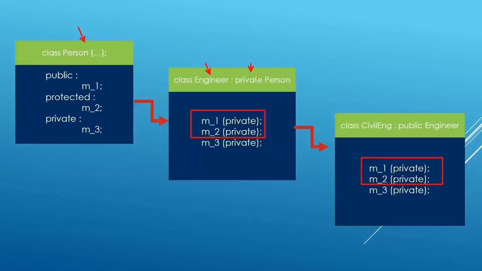It is the same kind of logic we have here. It allows you to use private inheritance to prevent downstream classes to access to anything you got from upstream classes. But then again, it allows you to change that and relax the access to downstream classes. For example, we can change the access of M1 and M2, make it more relaxed, make it public or protected if we wanted that. So let's take a look at some code because I know that these things can really be confusing.